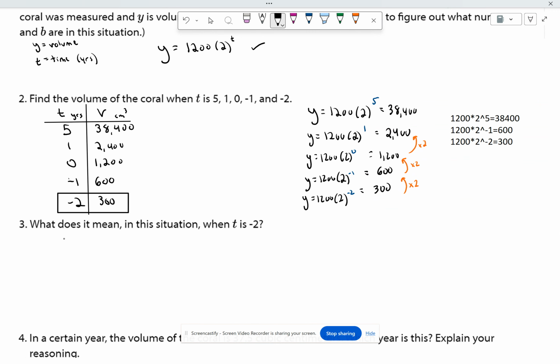That just represents the volume of the coral 2 years before the biologist estimated the coral's volume.